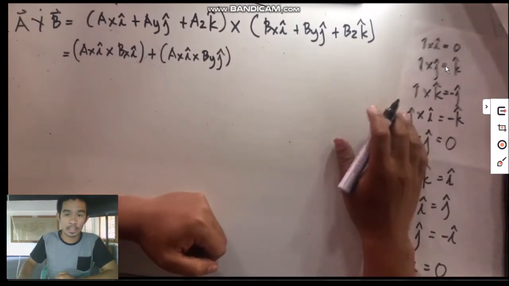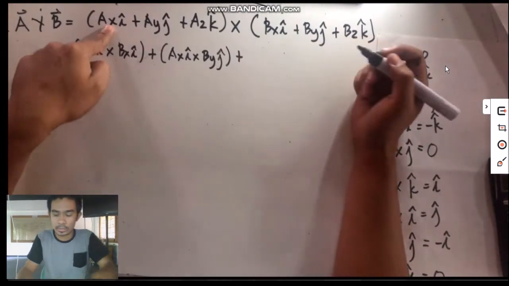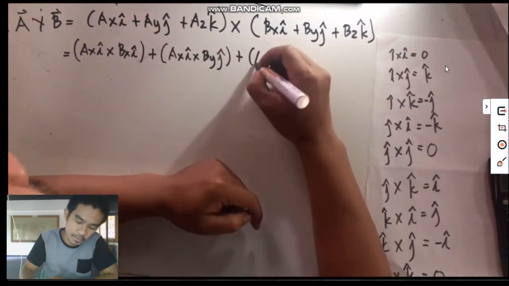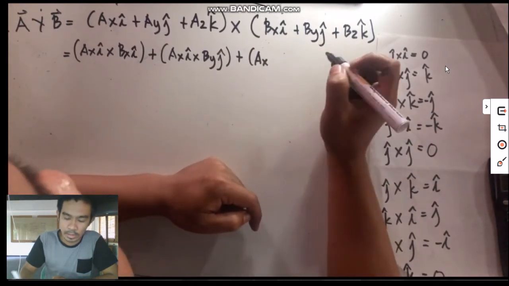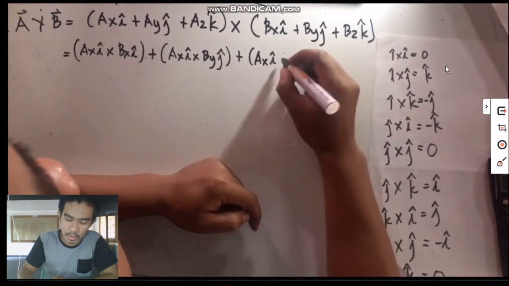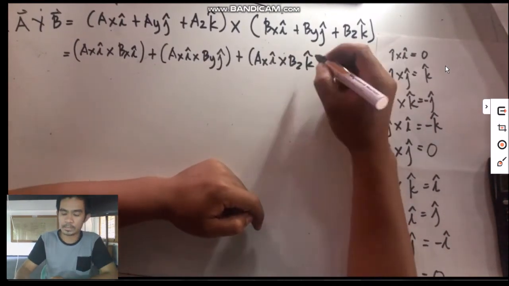Then next, plus Ax i hat cross Bz k hat.